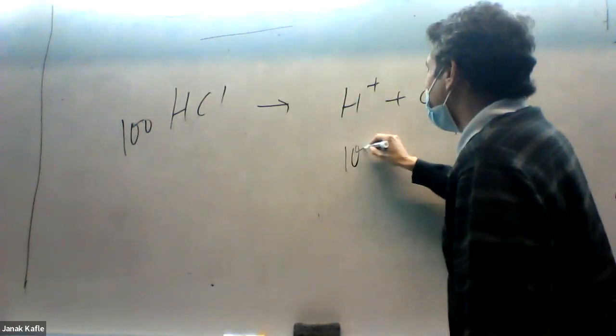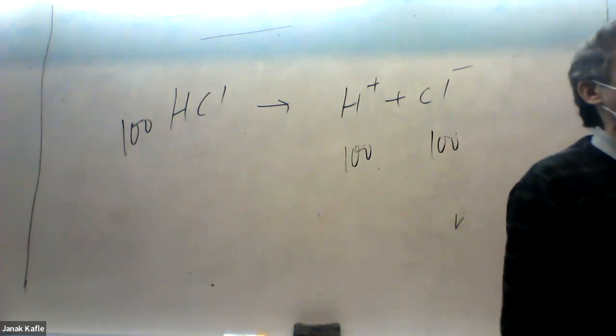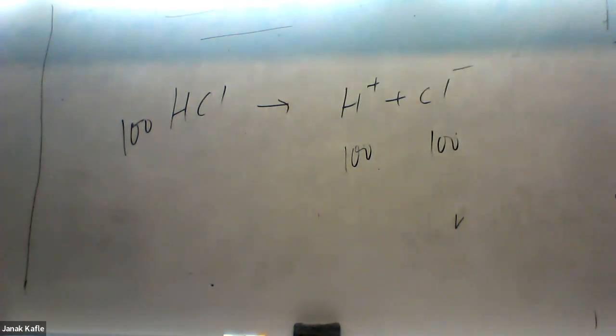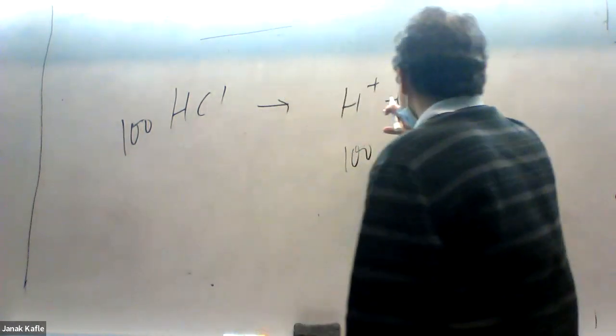All 100 H and 100 Cl. You got it, right? So this kind of acid is called strong acid. Already we talked about the strong electrolyte and weak electrolyte, right? If all the molecules break and give their products, they are called strong electrolyte, or this is called strong acid. So hydrochloric acid is strong acid.